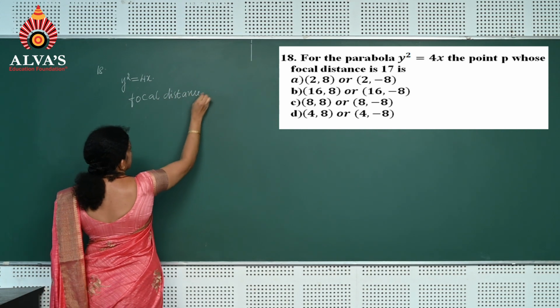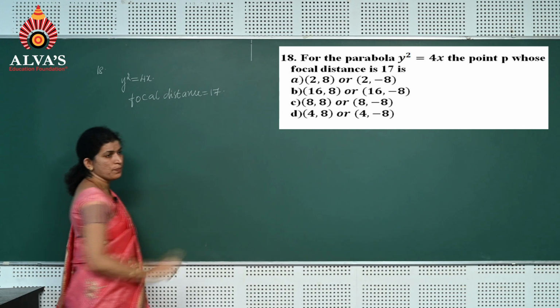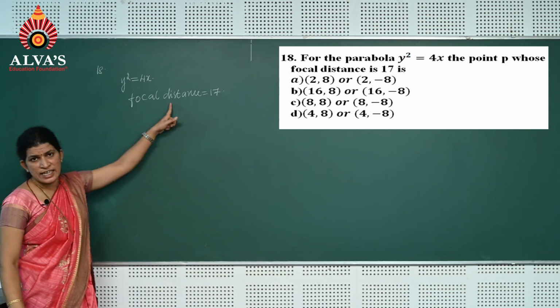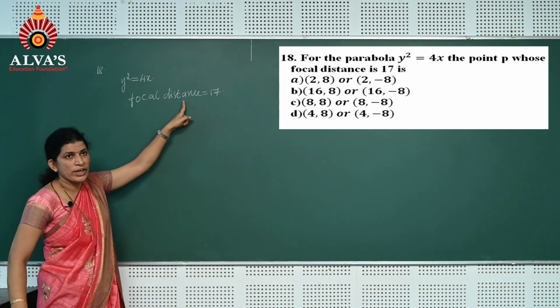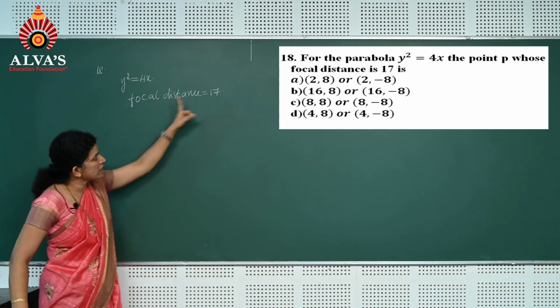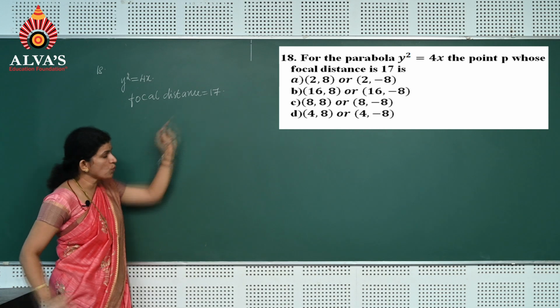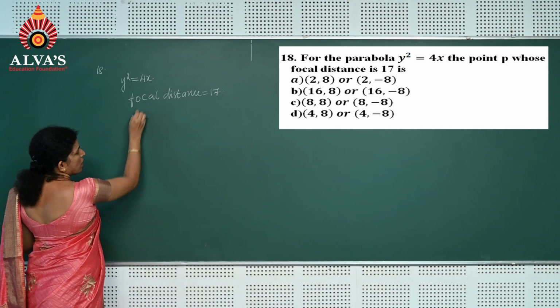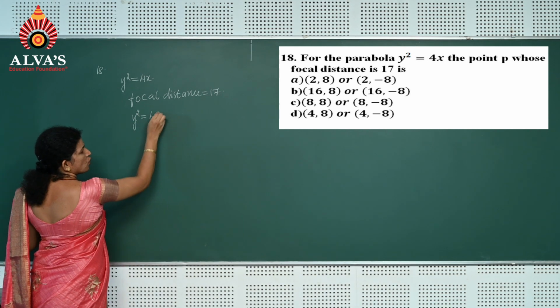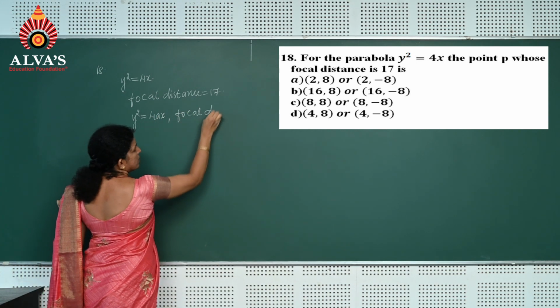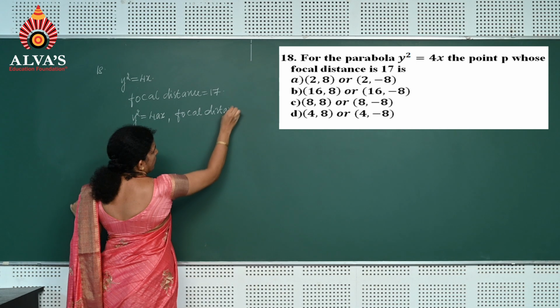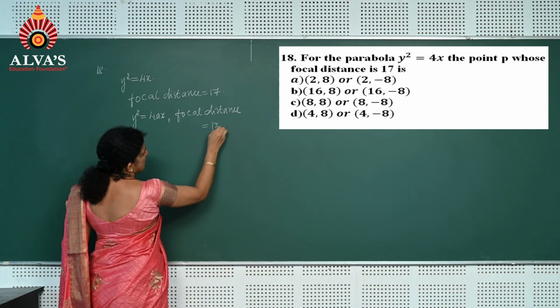Focal distance is nothing but 17. Focal distance means the distance from the focus to any point on the parabola. We know that if the curve is y square equal to 4ax, then the focal distance is nothing but mod x plus a.